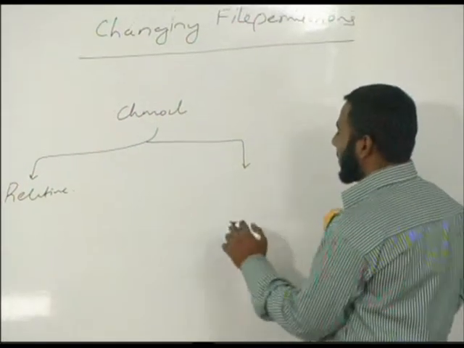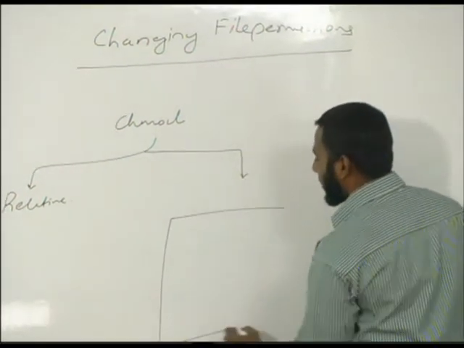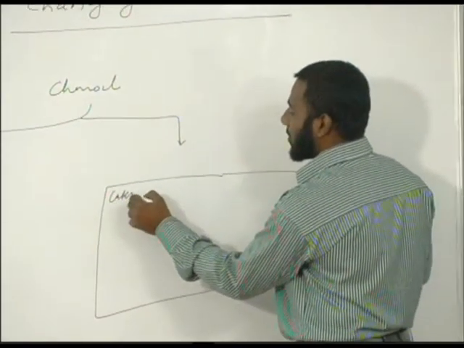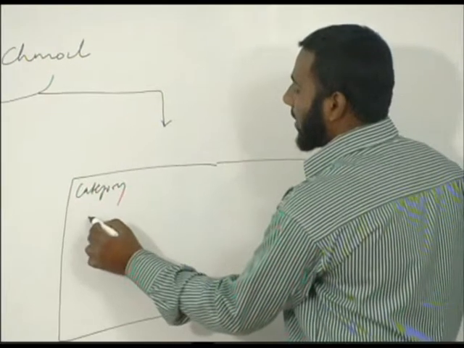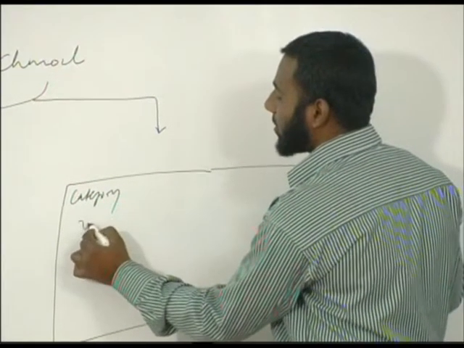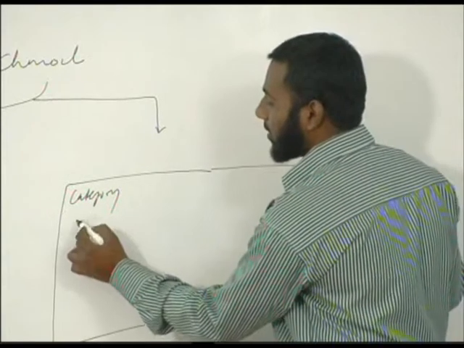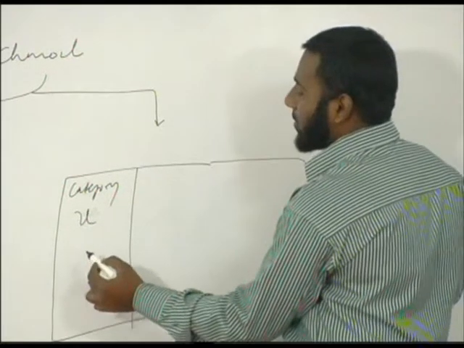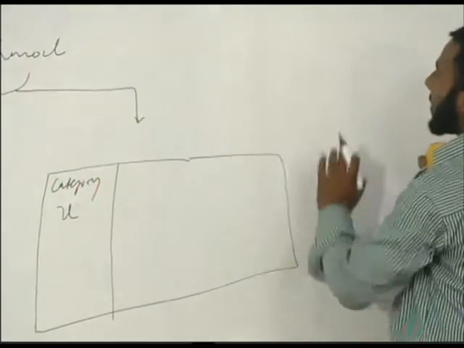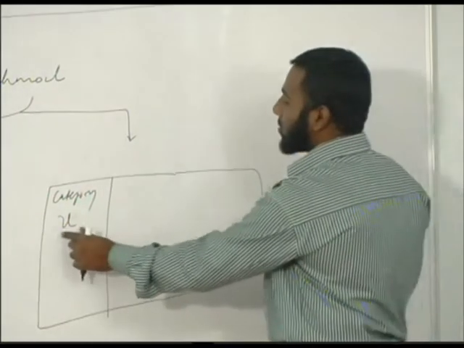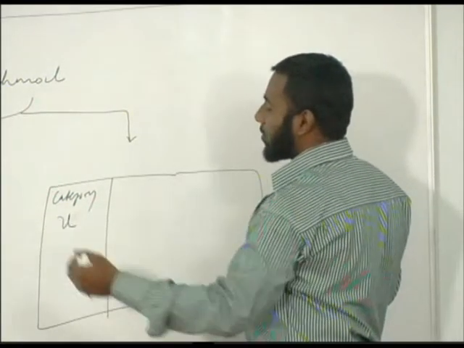Here we have seen that there are different types of category operators available. This category can be the owner of the file, generally represented with the letter U. Another category: whenever a file is created, there are a few permissions given for user, owner, others and group.